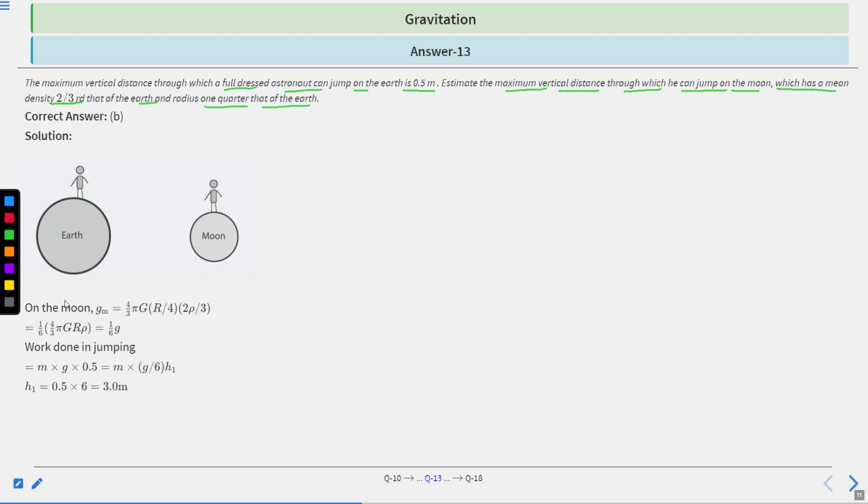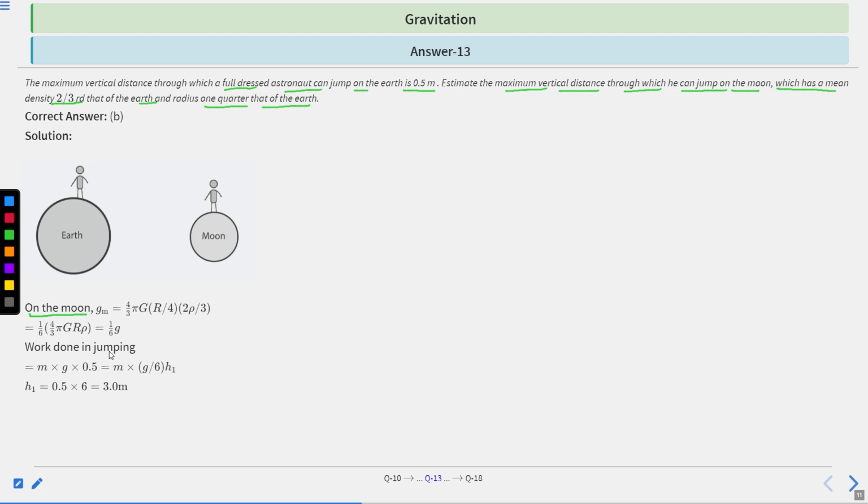Clear? So on the moon, g_m is equal to 4 by 3 pi G (R by 4) multiplied by 2 rho divided by 3. So solving this, you will get g_m is equal to 1/6 of g.